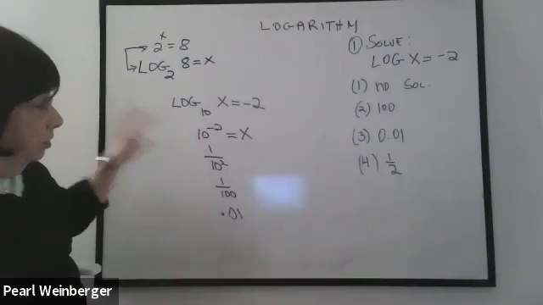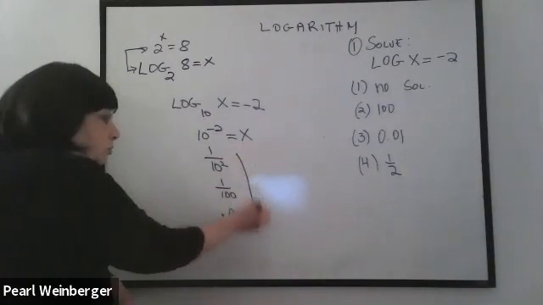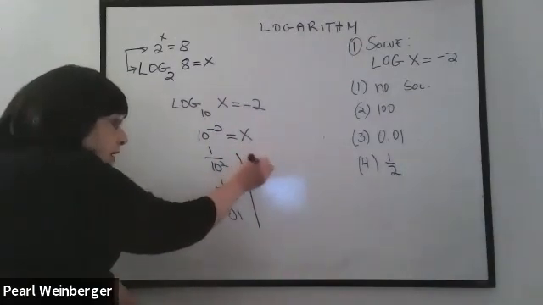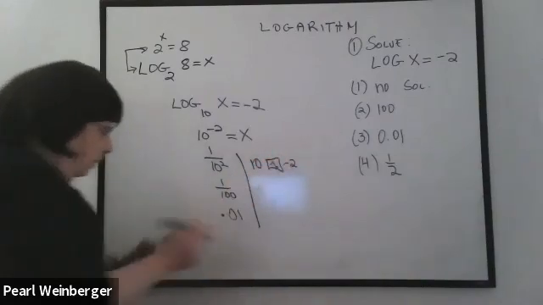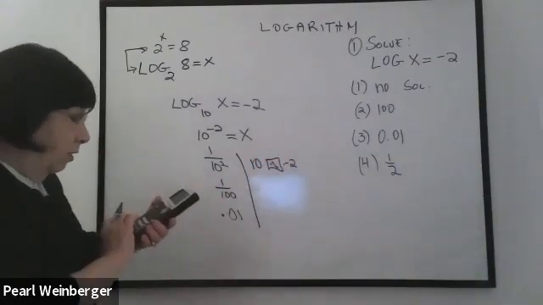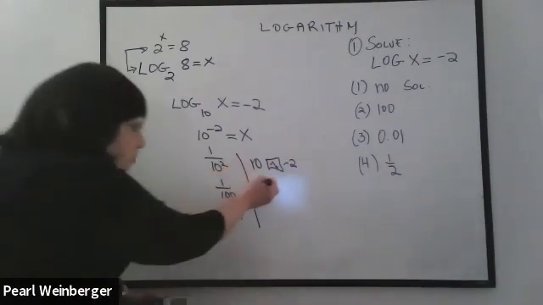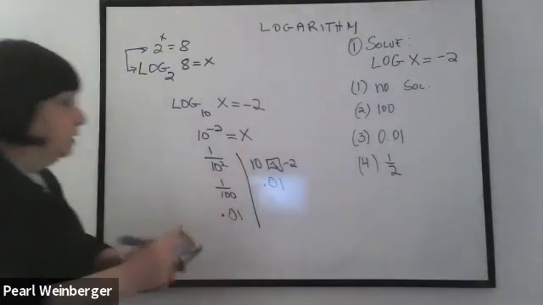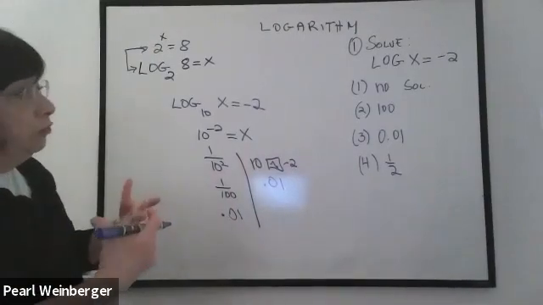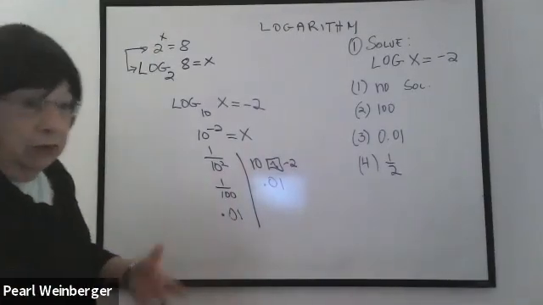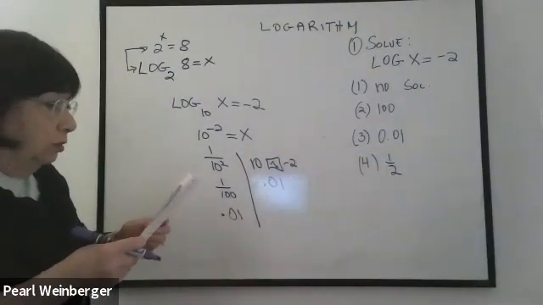Or another way is to do it on our calculator: press 10, the exponent button, and put in -2. It gives me 0.01, which is the correct answer. So turning it from the log format to the exponential format was a way of solving this equation.